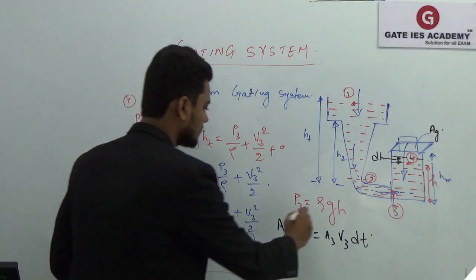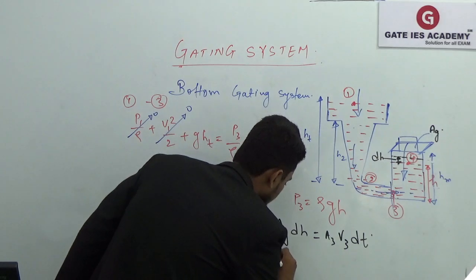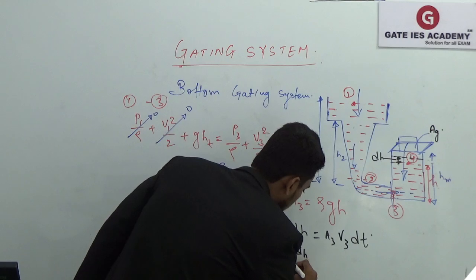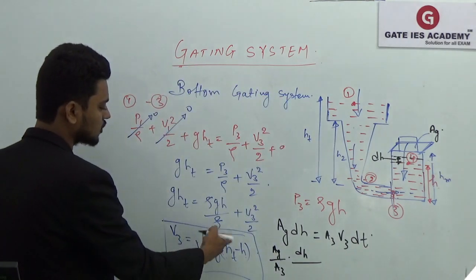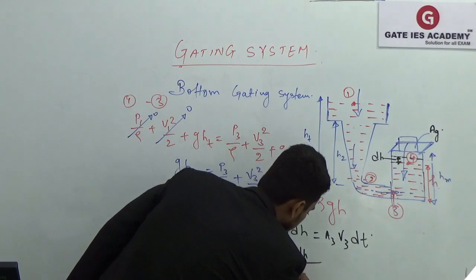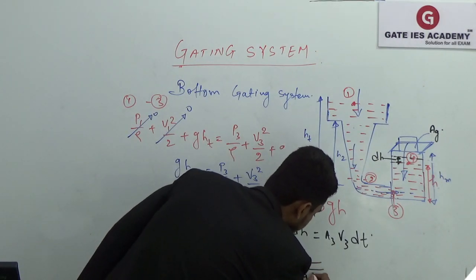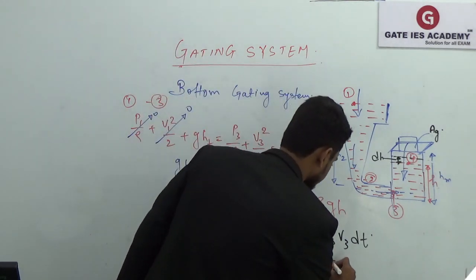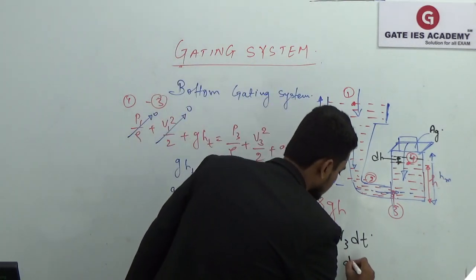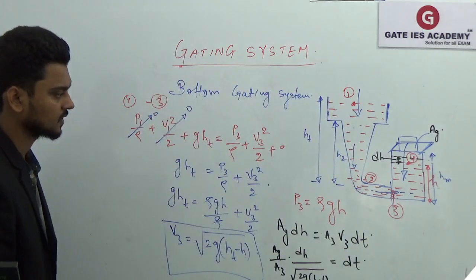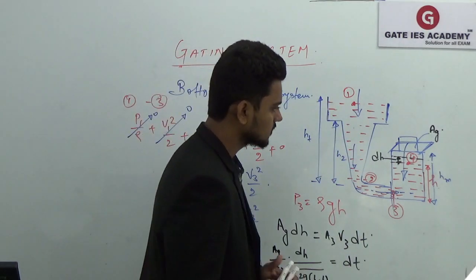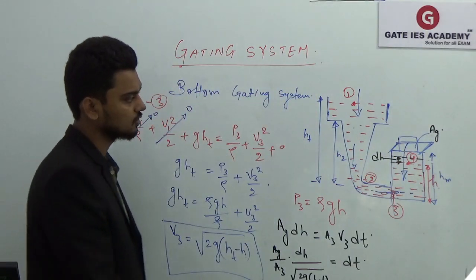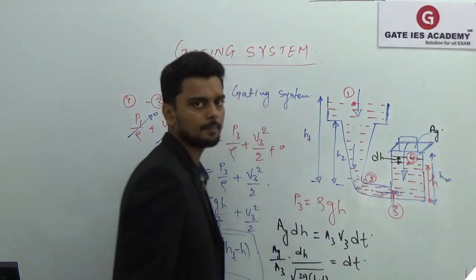So I can write Ag upon A3 into dh upon V3, where V3 is the square root of 2g (h_t minus h), equal to dt. Now to fill the cavity, the height should obviously reach hm.